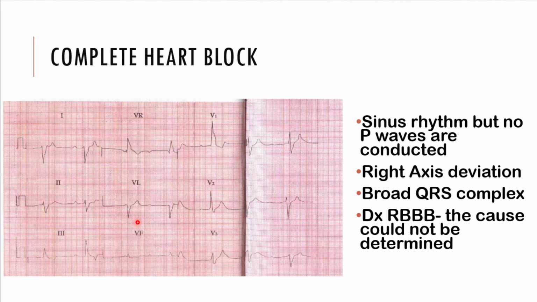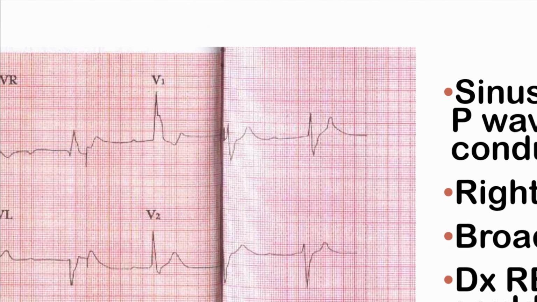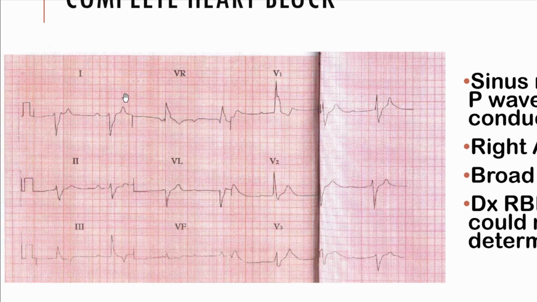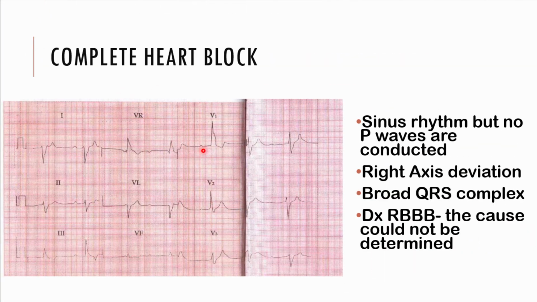So we look at lead 1 and lead AVF. You see the QRS complex in AVF is facing upwards. The QRS complex in lead 1 is facing downwards. So it means that this ECG is showing right axis deviation. And if we look at most of these QRS complexes, if I zoom in, you can see that this QRS complex is more than 1 to 3 small boxes, so it's broad, meaning that this impulse is actually being generated from the ventricles.